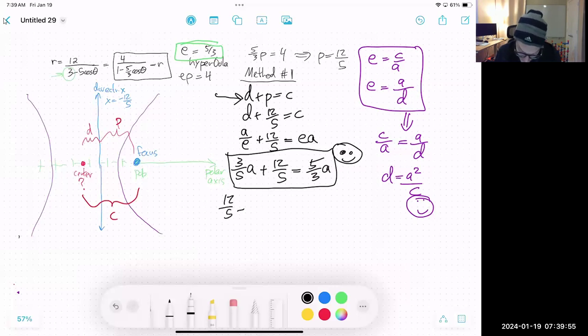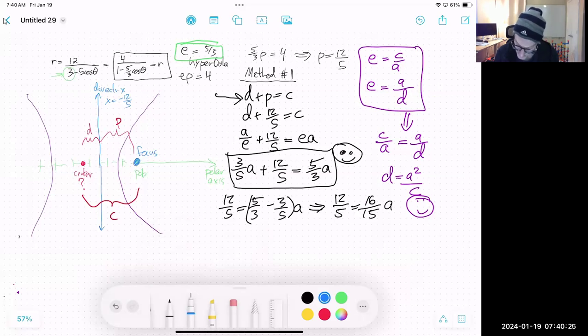I get that 12/5 is 5/3 minus 3/5 times A. And what is 5/3 minus 3/5? It's 25 minus 9 over 15. So that's 16/15. So I get 12/5 equals 16/15 A, and then some math happens.